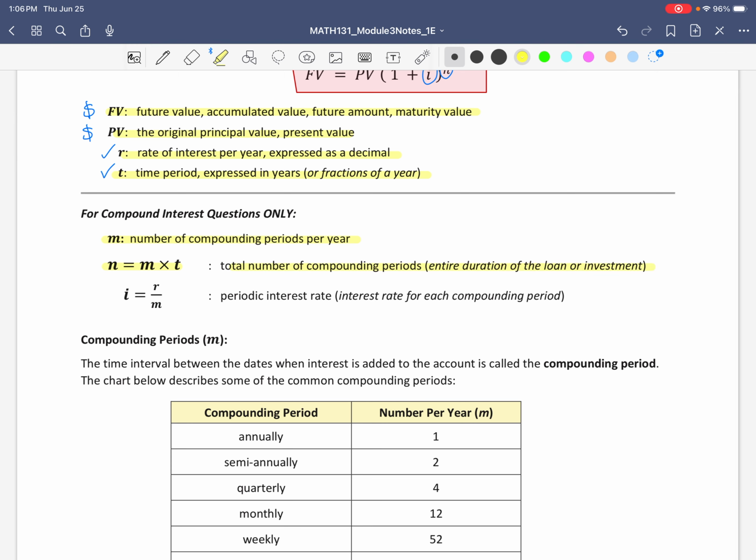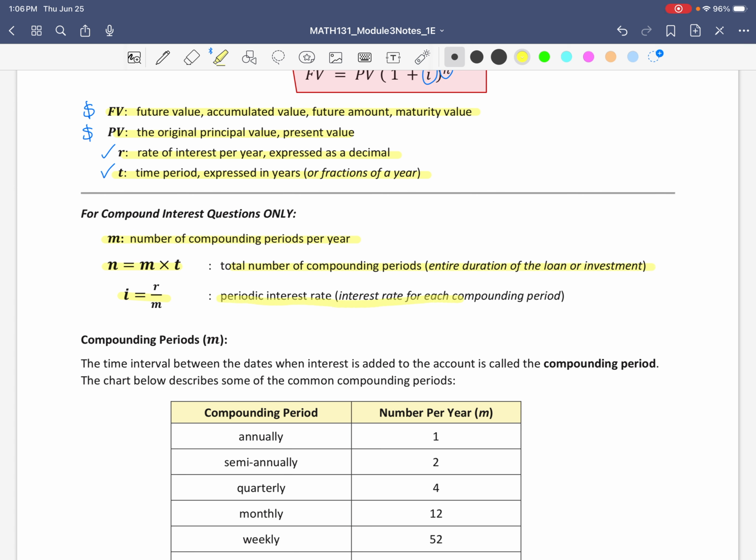So it's not just how much it's being compounded in one year, it's how long it's being compounded over the duration of the loan or investment. And then we have an I value, which is equal to our rate, our R value, divided by that M value. This is what we call our periodic interest rate, the interest rate for each compounding period.